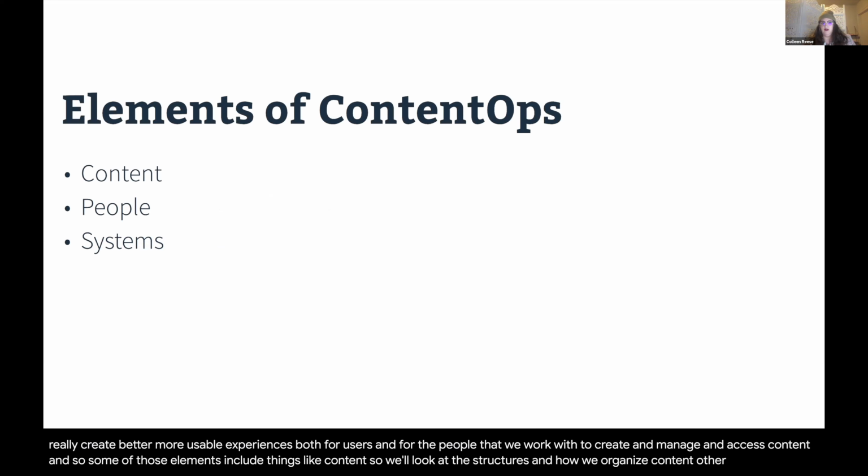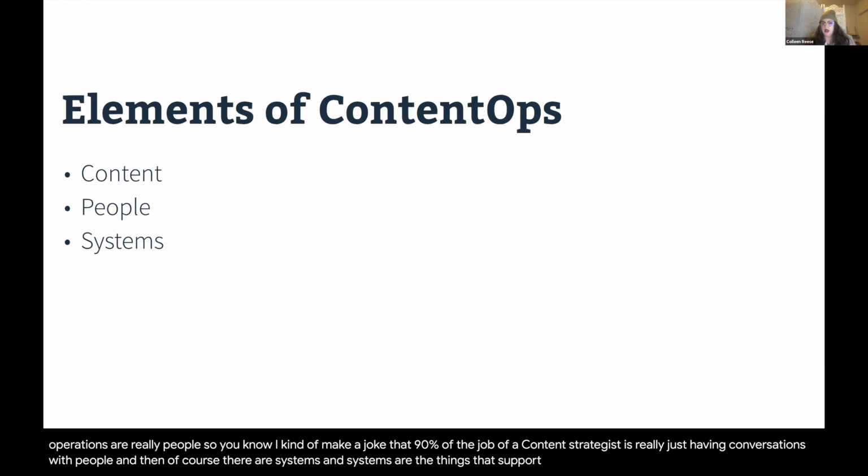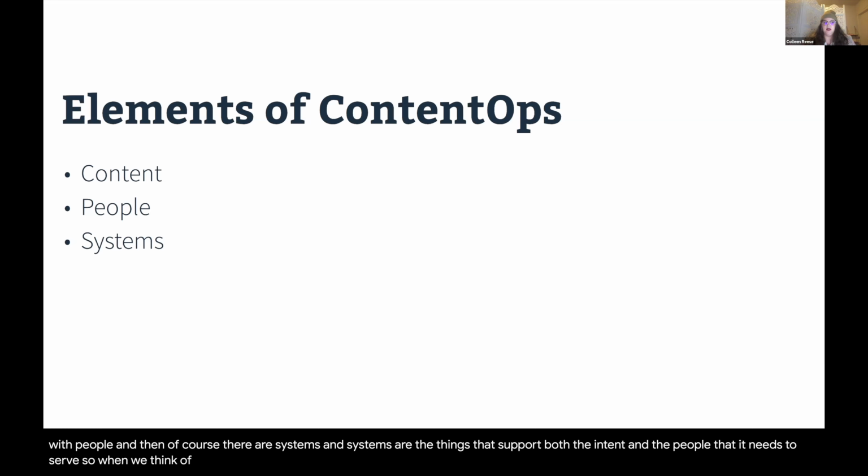Other elements of operations are people. I make a joke that 90% of the job of a content strategist is just having conversations with people. And then, of course, there are systems. Systems are the things that support both the content and the people that it needs to serve. So when we think of systems, we think of the technology that supports content, and also the combination of content and people and how they work together.